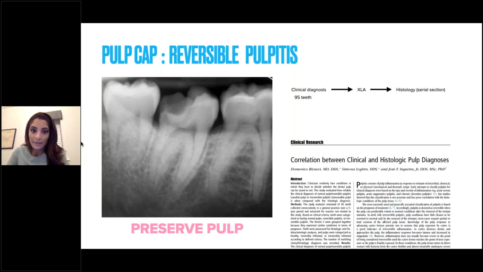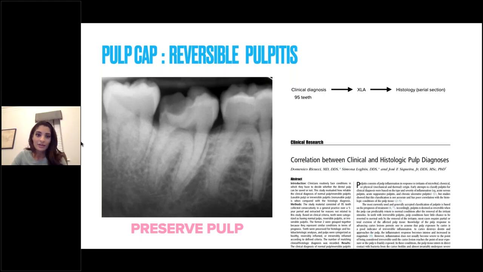So this is an interesting paper, because it's always curious if a patient comes to you with symptoms of reversible pulpitis, is that a true representation of what's happening in the pulp? What this paper did, by Ricucci et al. in 2014, was take 95 teeth from different patients, and they asked each patient what symptoms they were getting.